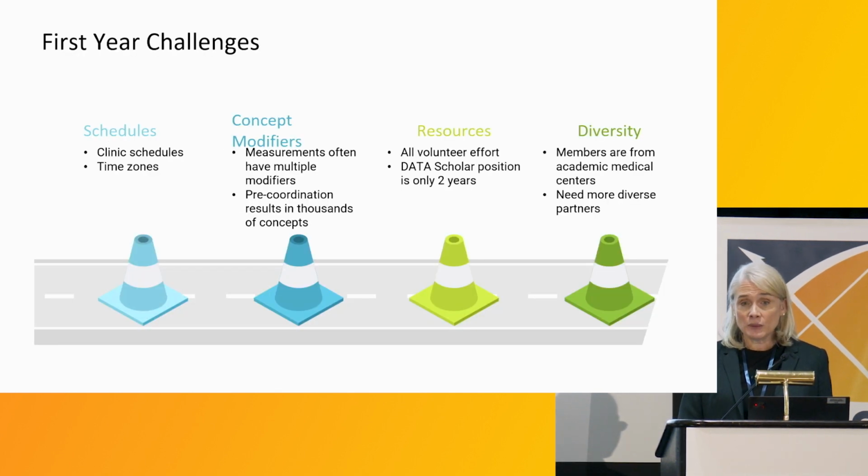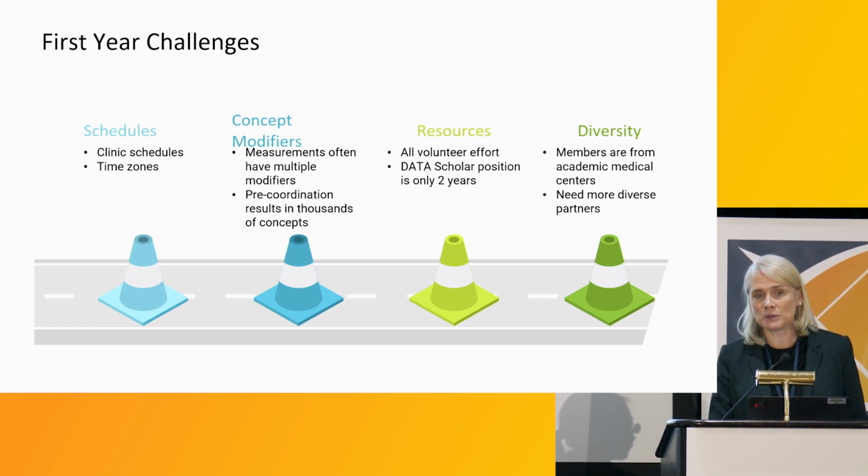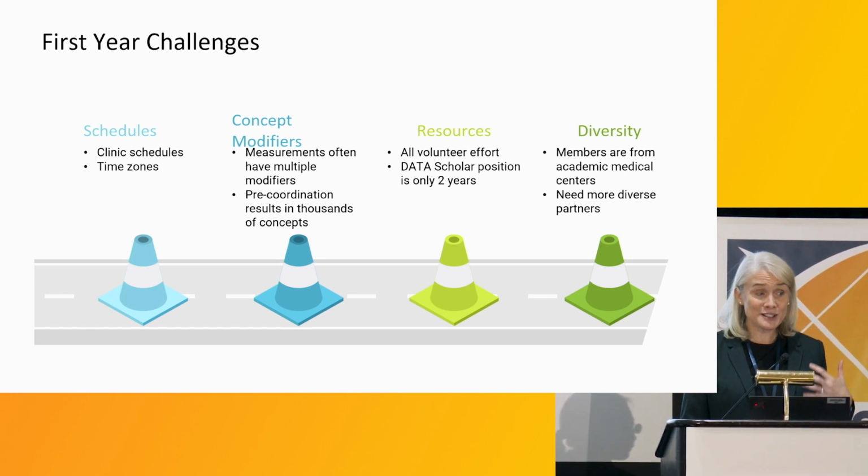So like any journey, we've had some roadblocks or traffic cones, and we've had some challenges. Probably the biggest one is just finding a time to meet. With busy clinician scientists across multiple time zones, we often can't all meet at once. We also have had trouble with these concept modifiers and adding things to the source terminologies.